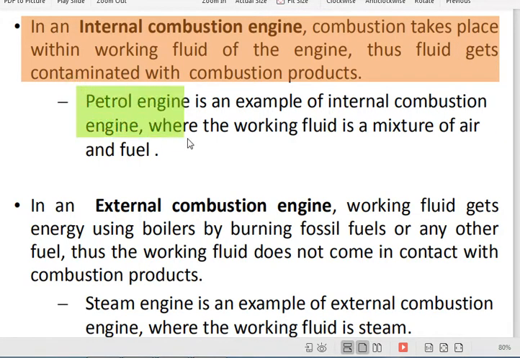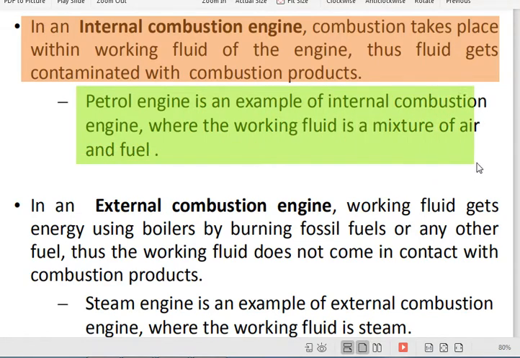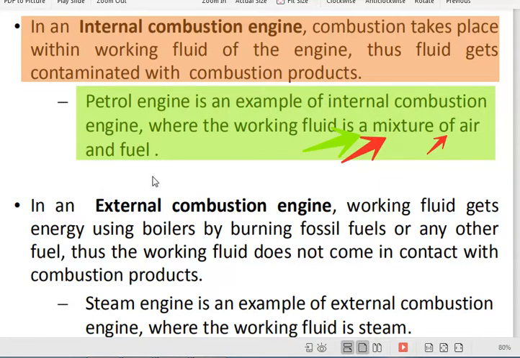So the petrol engine is an example of an internal combustion engine where the working fluid is a mixture of air and fuel.